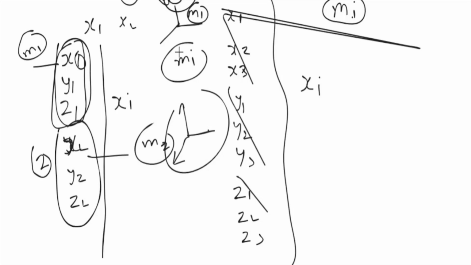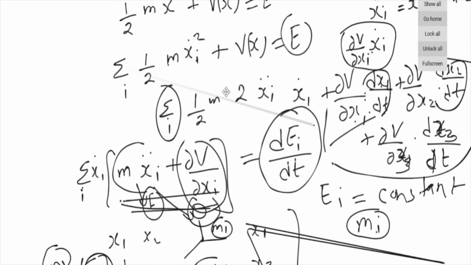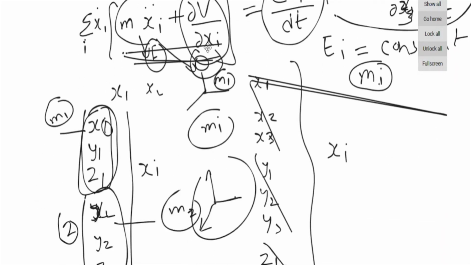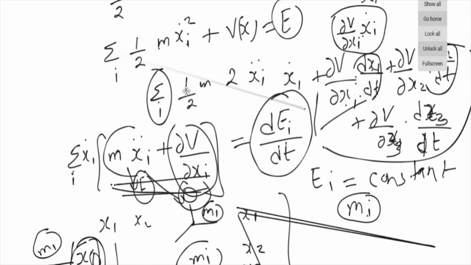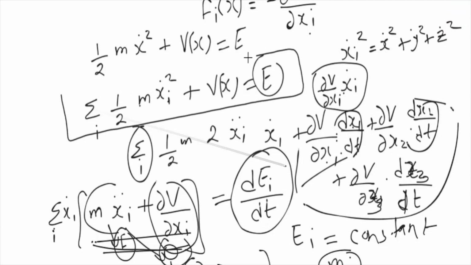So what will we do? We will just put mi in the earlier equation. What was our earlier equation? This was our equation. We will just introduce mi here and get the same results.